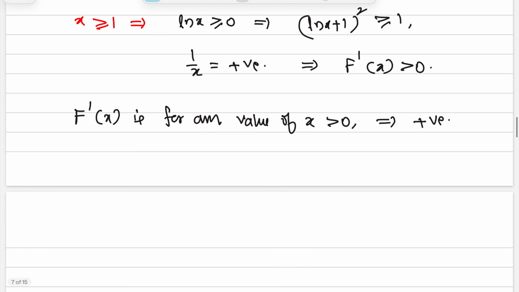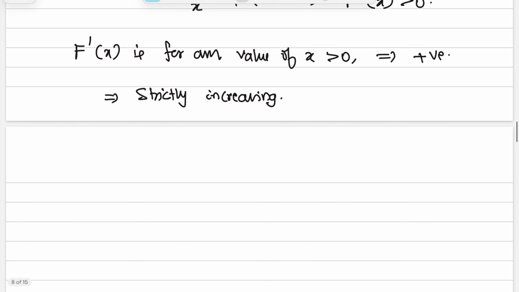That means it is strictly increasing. We have to understand the function behavior, then only we can go to the final conclusion.